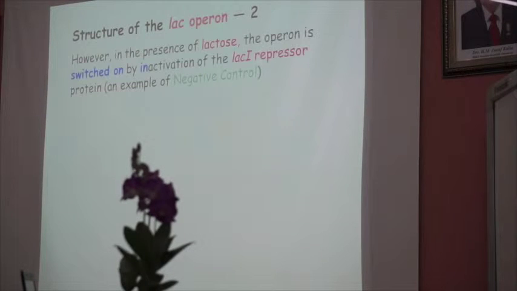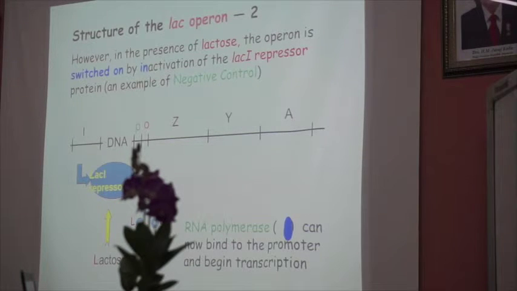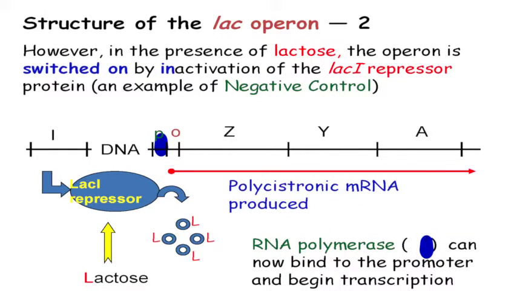But when the cell has lactose, the repressor will bind the lactose, and RNA polymerase can proceed with transcription. The proteins corresponding to the metabolism of lactose will be expressed. So that is a rather simple regulation of gene expression.